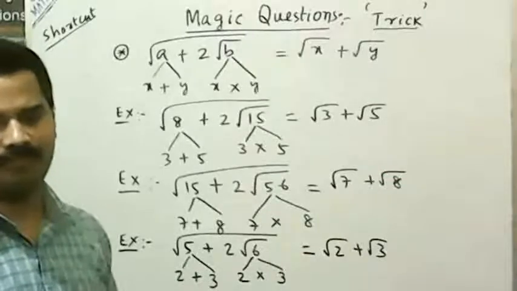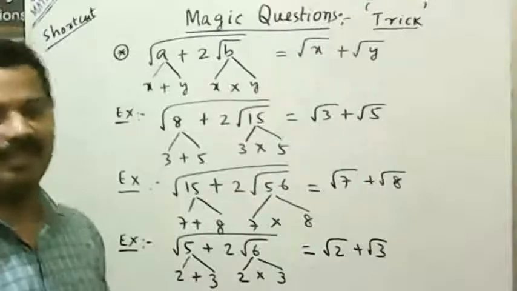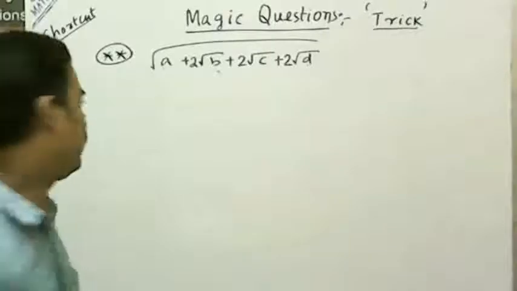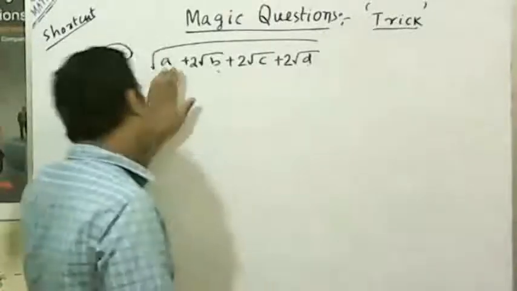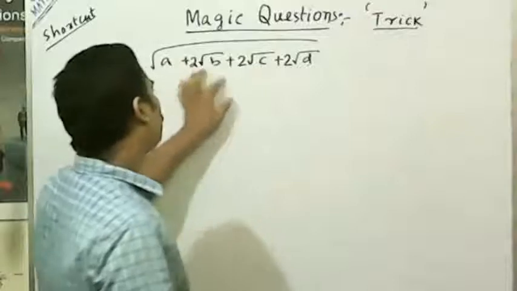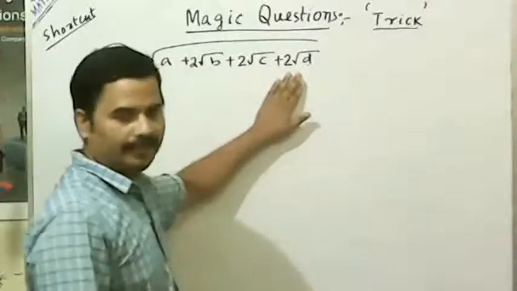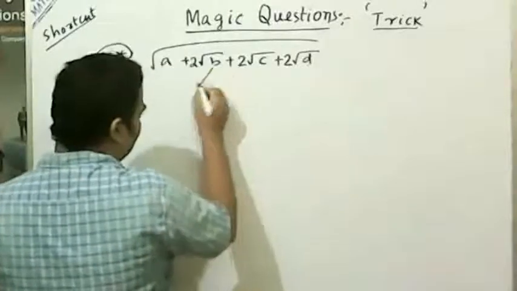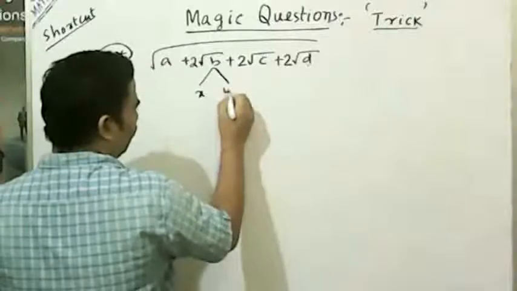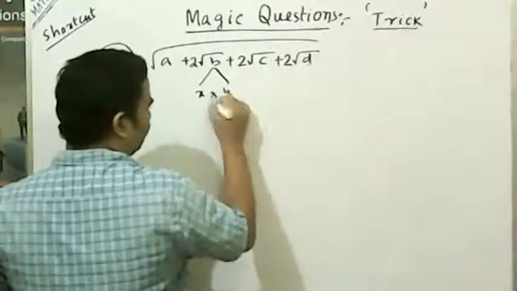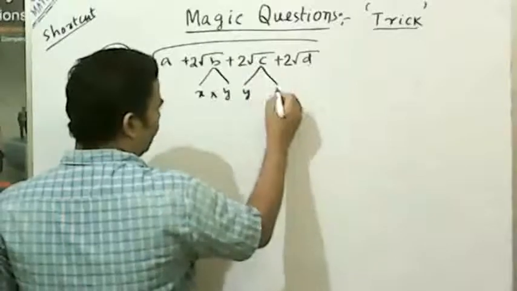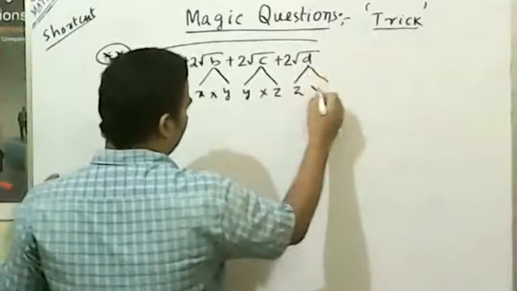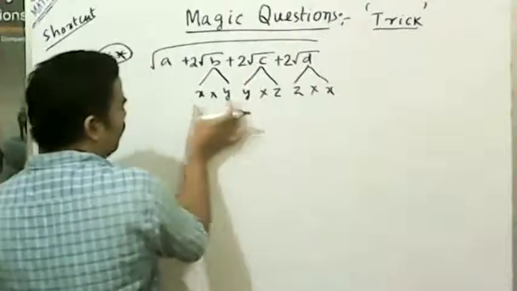This is one trick. Then I will tell another trick also. Take the format: square root of a plus 2 root b plus 2 root c plus 2 root d. Then you factorize: this is x and y factorization, another is y into z, this is z into x.